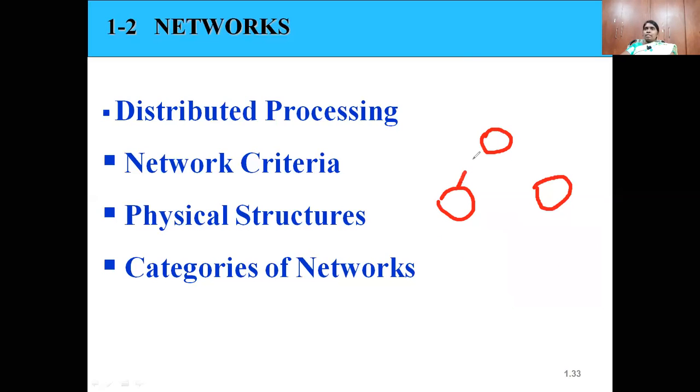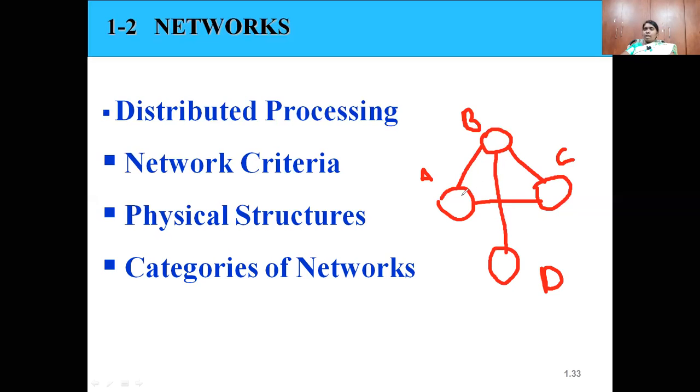If I take these as A, B and C, A is connected to B and C. Similarly, B is connected to A and C, and C is connected to B and A. If I have one more system, D, how will the connection be?